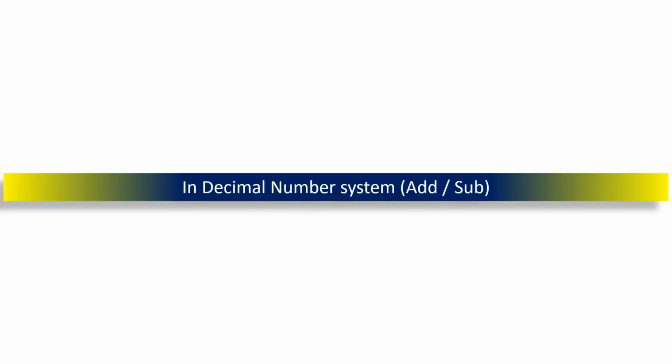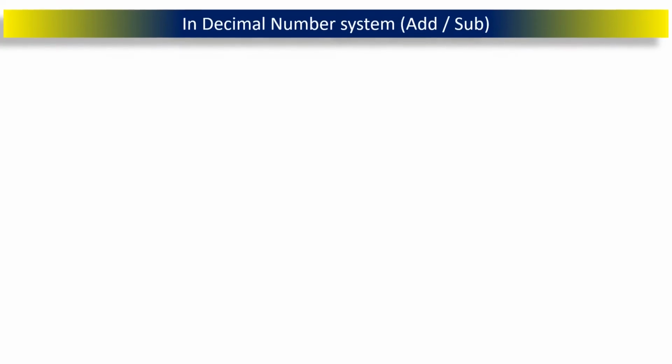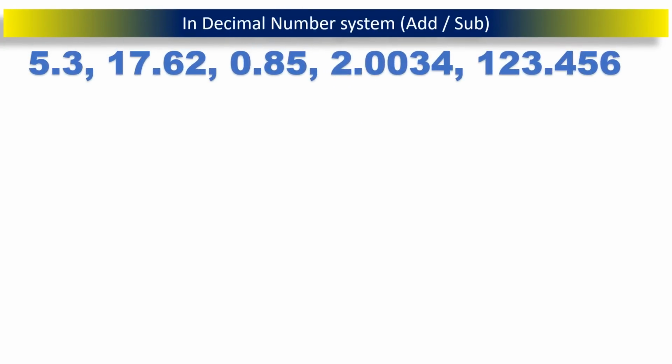In the decimal number system, during addition and subtraction, how are we going to play with zeros? Let's see it with an example. Here I have a set of numbers: 5.3, 17.62, 0.85, 2.0034, 123.456. How will we write them during addition? Say we are going to perform an operation called addition. You have to write these numbers in order.